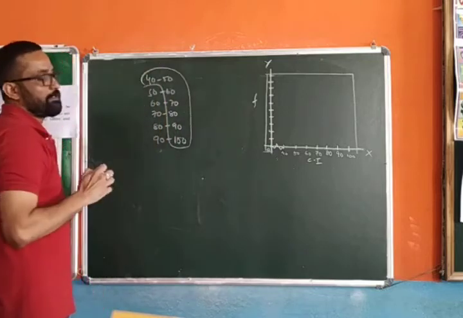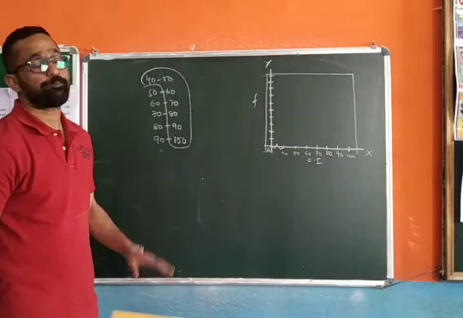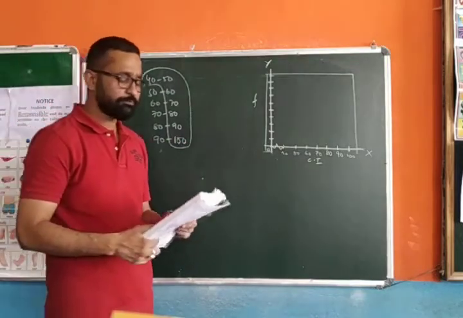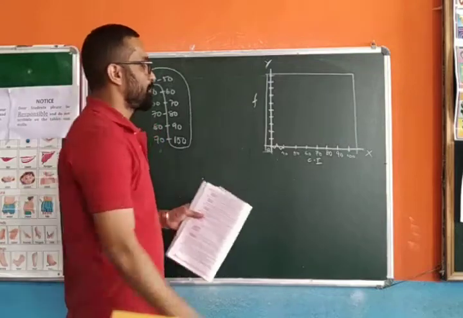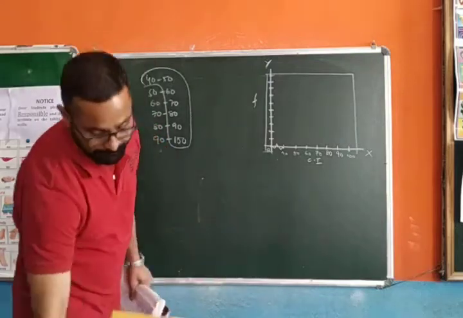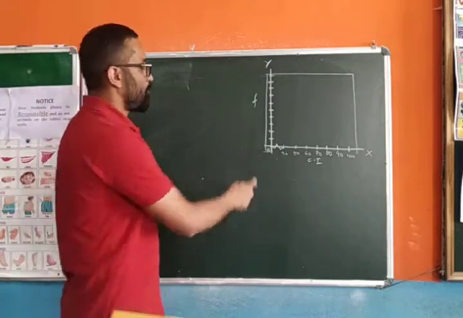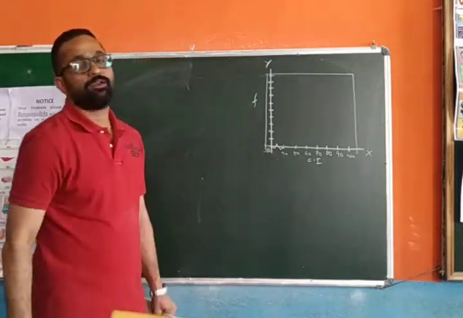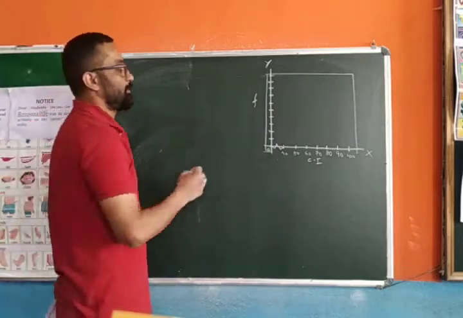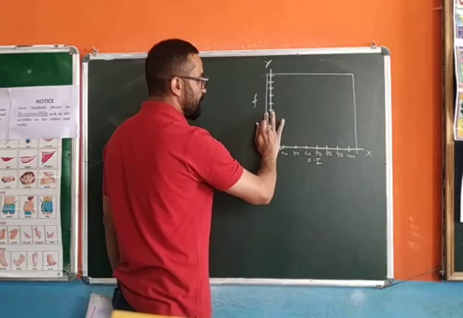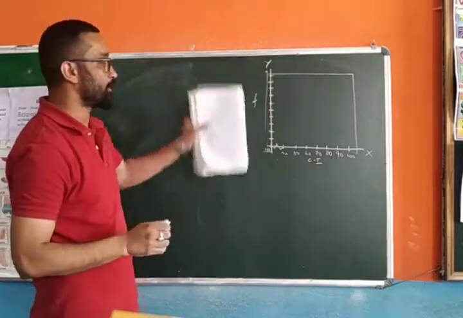This part of the given class interval you have to represent along x-axis. Frequency you have to represent along y-axis. So since you have taken 1 centimeter along y-axis, you arrange the scale yourself so that all the values will fit in the y-axis.